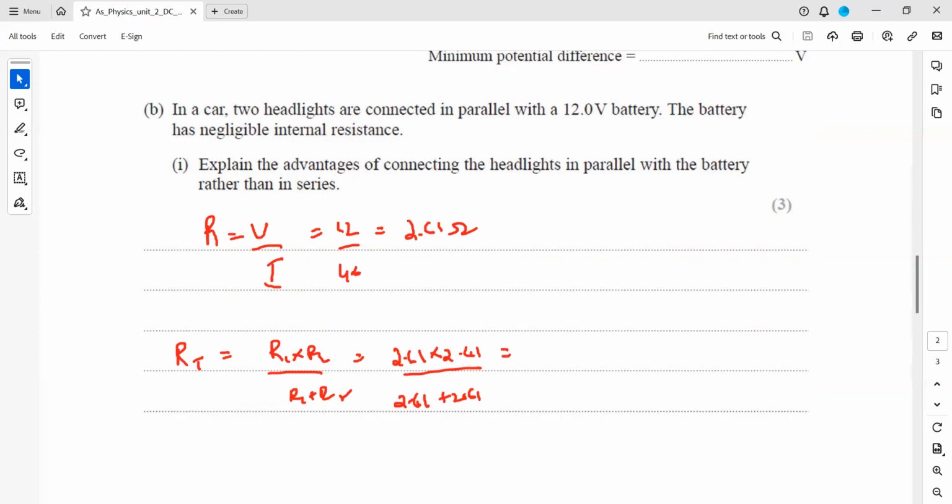Okay, so 1.305. This is for the parallel combination. Then in series, to get the combined resistance, we just add. So it will be 2.61 plus 2.61, which is 5.22.